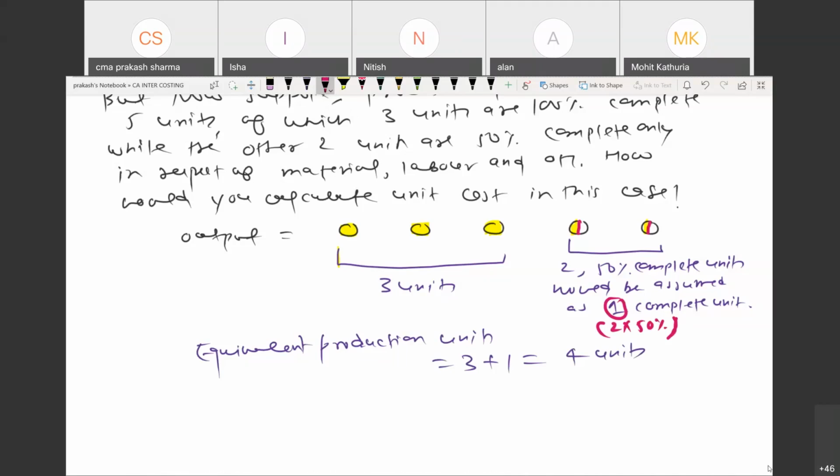So I will write 3 plus 0.6 units. So my equivalent production unit would be 3.6 units. बताइए गुरमनप्रीत, क्लियर है या नहीं? जो भी परसेंटेज है बस उसको क्वांटिटी में लगा दो. 50% है तो 1 के बराबर हो गया, 30% है तो 2 का 30% निकाल लो, 0.6 हो जाएगा. तो आई वुड से ये 3.6 के इक्वल हो जाएंगे.